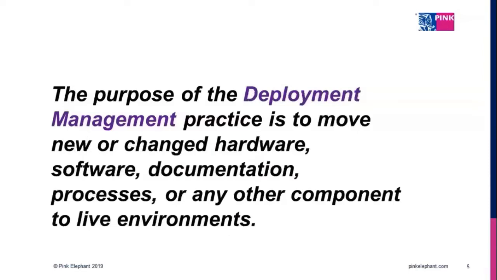Then when we look at deployment management, all of a sudden what they're saying is that we move new or changed hardware, software, documentation, processes, or anything that we're going to have into the live production environment. So that means we're deploying into the production environment, but it's not being turned on. In other words, nobody can use it at this point in time.